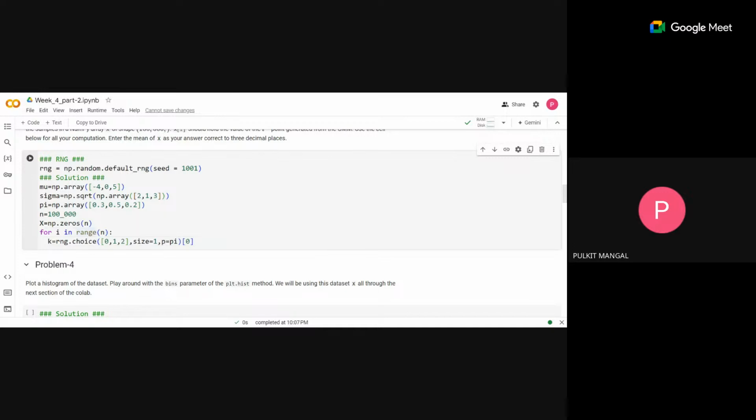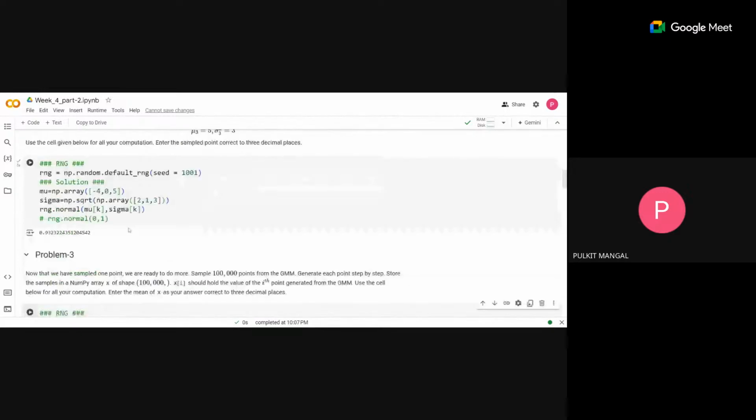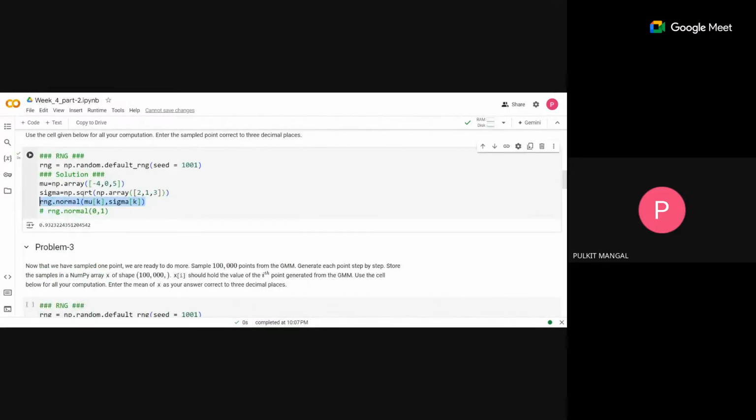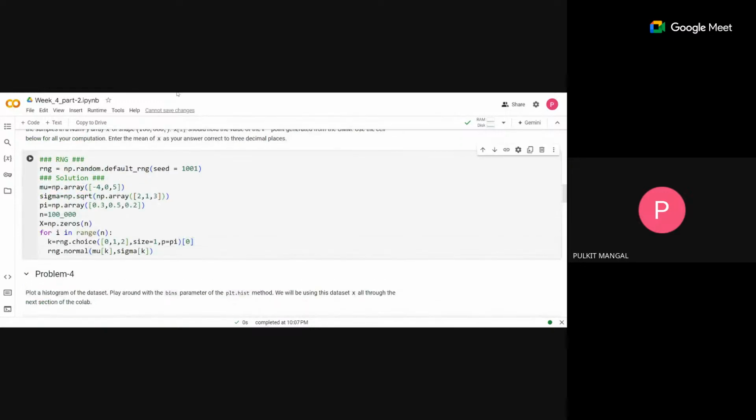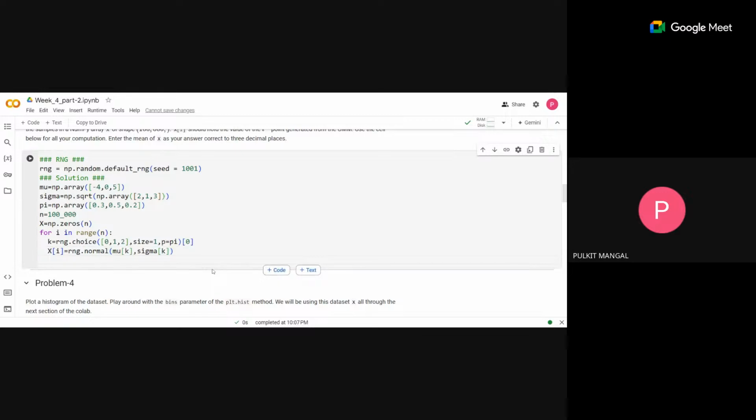So this was the first step. The second step that we did was this: rng.normal, and this represents the ith xi value, and we will update it. Any doubt, anyone in this?